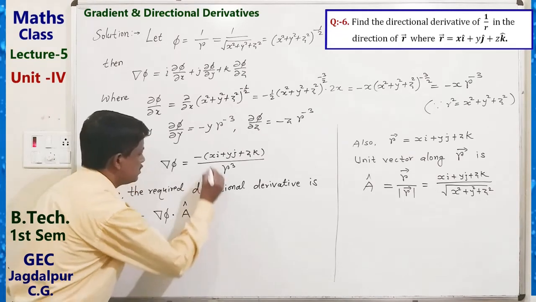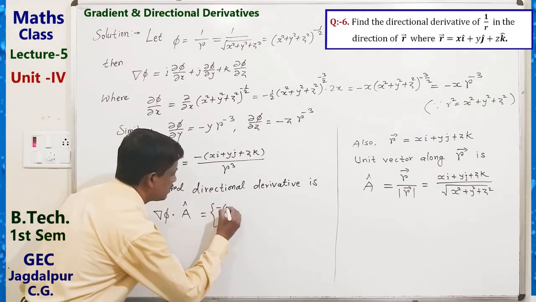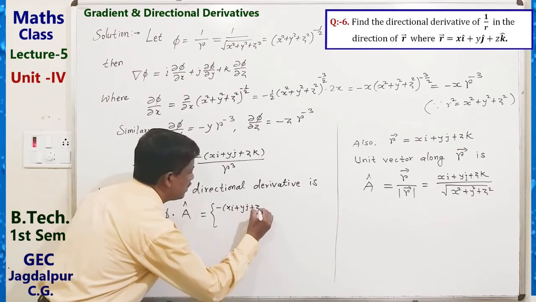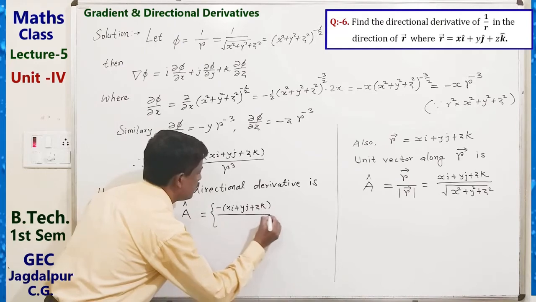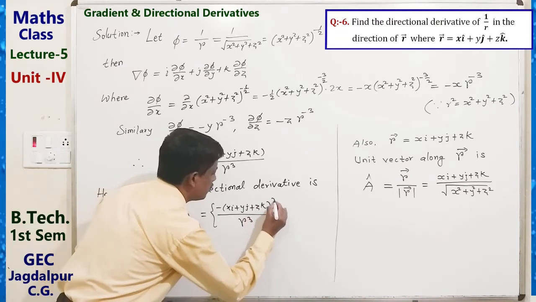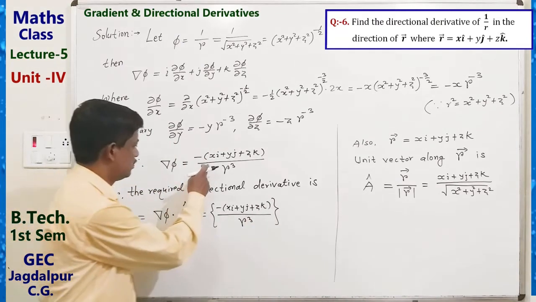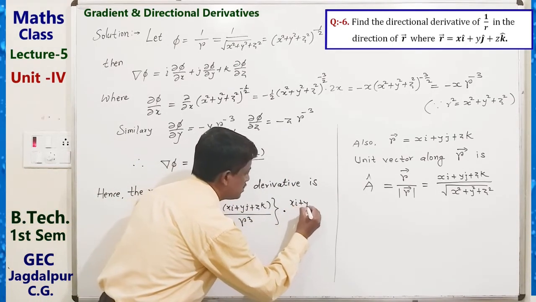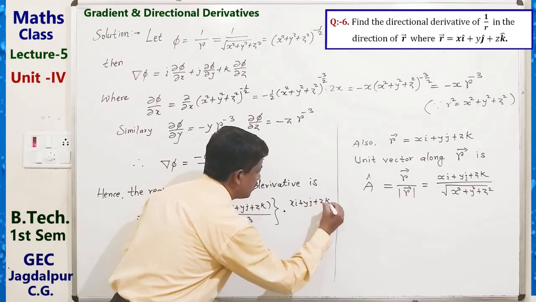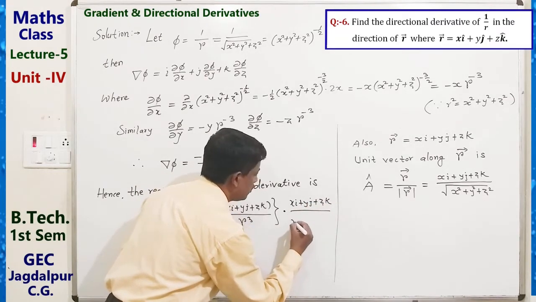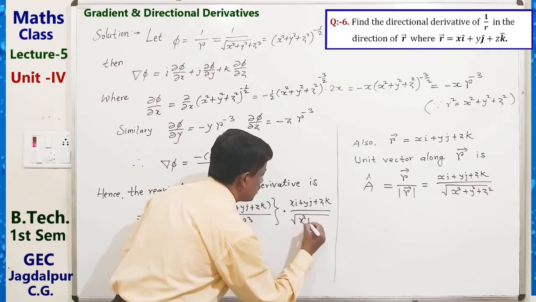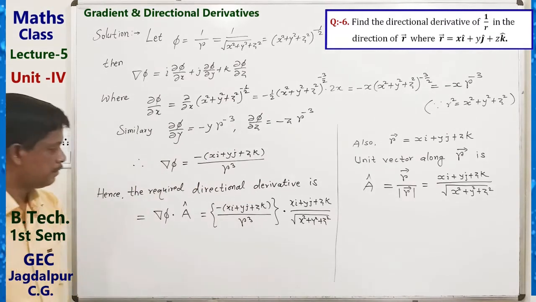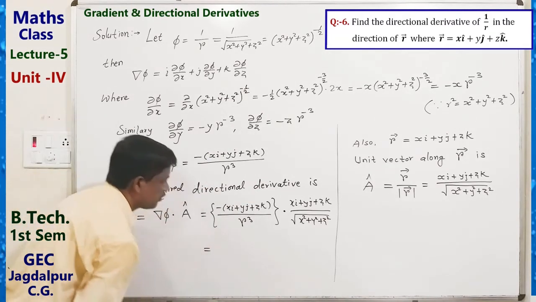So del phi is minus xi plus yj plus zk upon r cube. This is a vector, and a cap is xi plus yj plus zk upon root over x square plus y square plus z square. Clear? So this equals what?